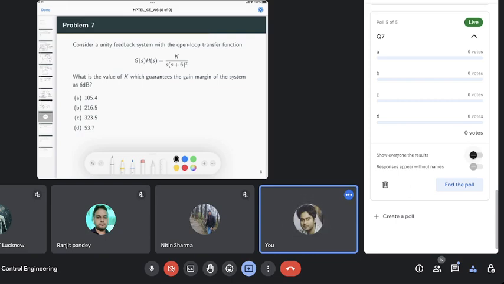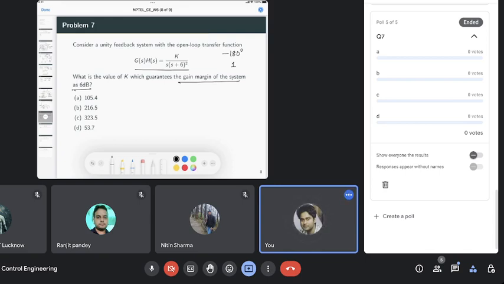Okay, we'll discuss this anyway. You are given this open loop transfer function, and you require a gain margin of 6 dB. For gain margin, where do you compute it? Your system will be unstable if the phase angle is minus 180 degree and at the same point your gain is 1, or in dB it should be 0.